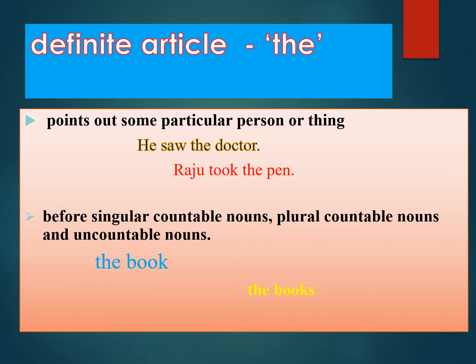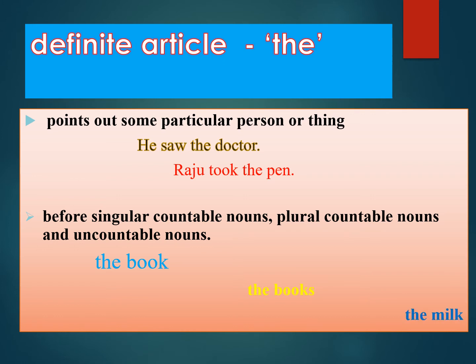The books. Here books is a plural countable noun. So before the plural countable noun, the definite article the can be used. So we can say the books.